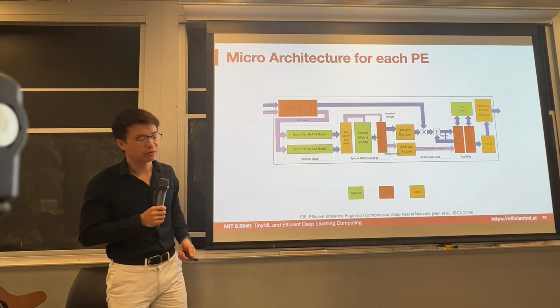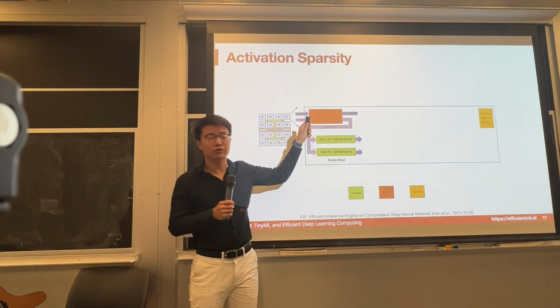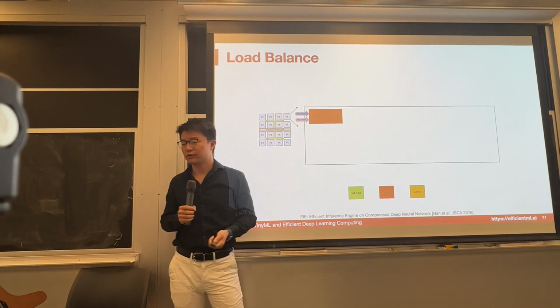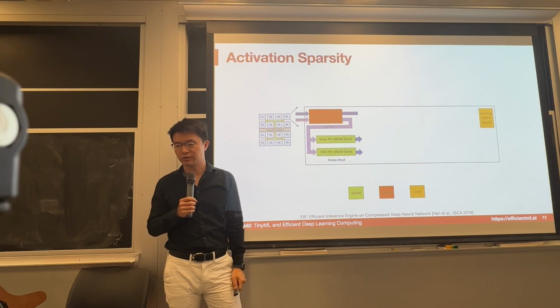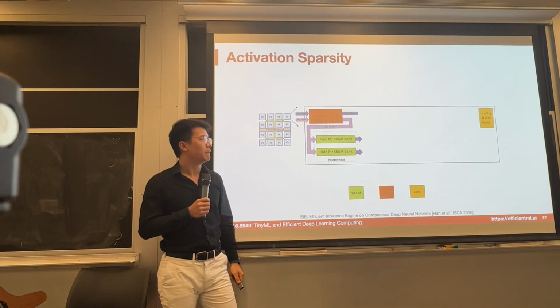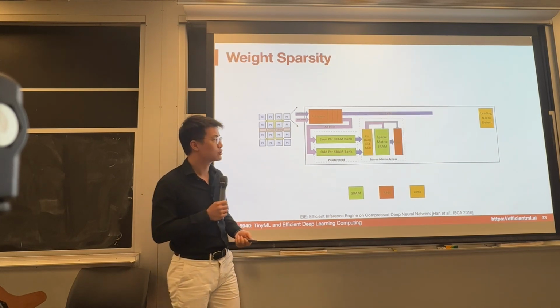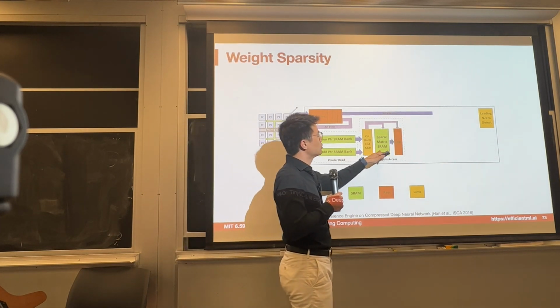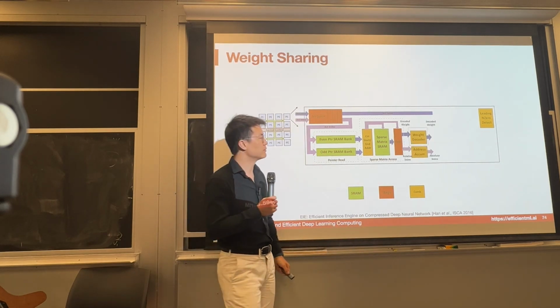So this is the microarchitecture for each PE. We first have the activation queue, which stores those non-zero elements. If the 0 is not in the queue, we pass it through the even pointer and odd pointer to get the location, and then we use the pointer to access the sparse matrix SRAM, which stores those non-zero elements.